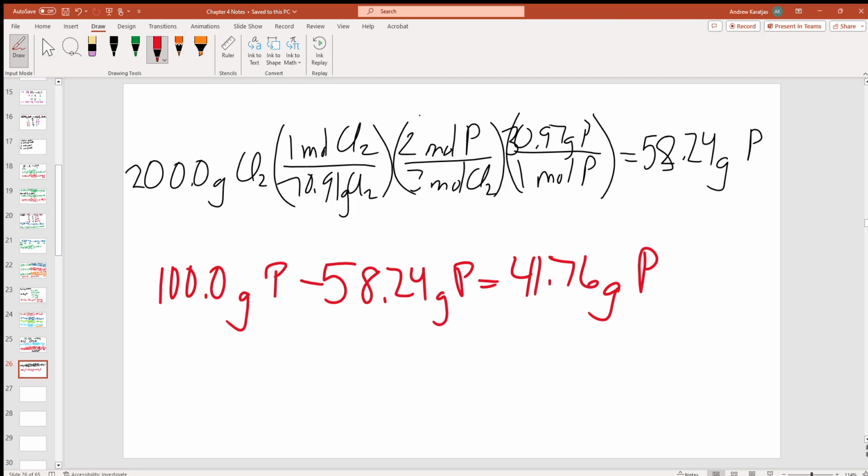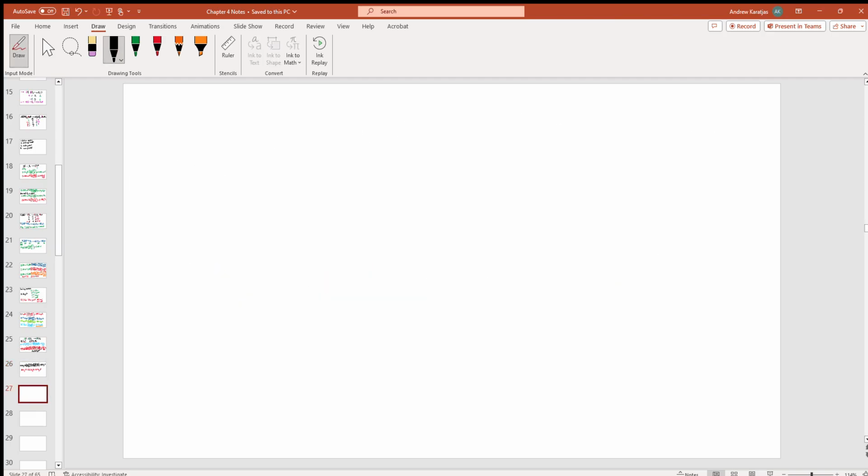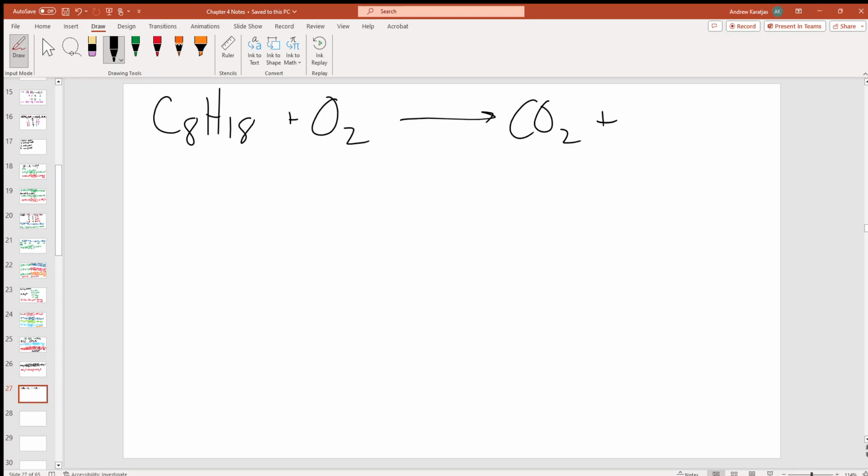So let's do another example. Here we're going to start with C8H18 and have that react with oxygen to form carbon dioxide and water. C8H18 is octane, which is something you might be familiar with, as octane is, in some form, the gas that you'd put in your car.